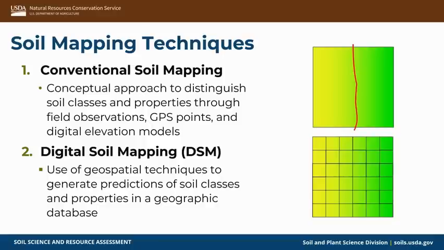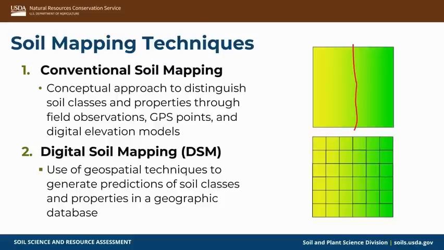They're going out in the field, collecting observation points, getting those GPS locations, coming back into the office, and using some remote sensing strategies such as digital elevation models, etc., to help create these polygons and ask yourself, where is the boundary between these two soils? This transitional zone, this marginal zone, where would I place that boundary? And you're creating that polygon, creating the vector data of that soil map unit.